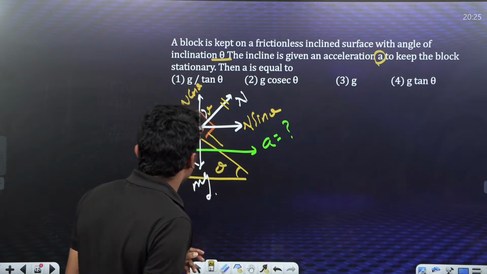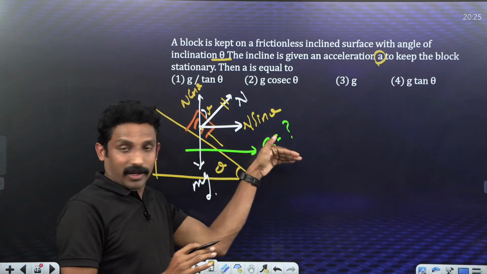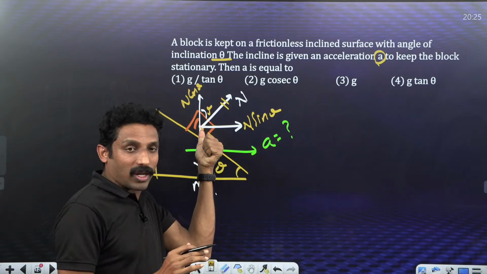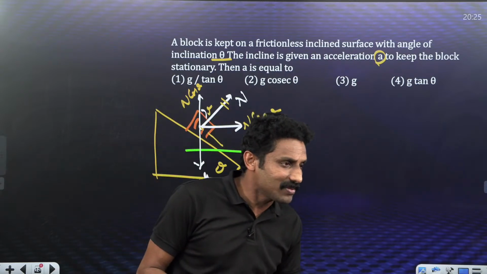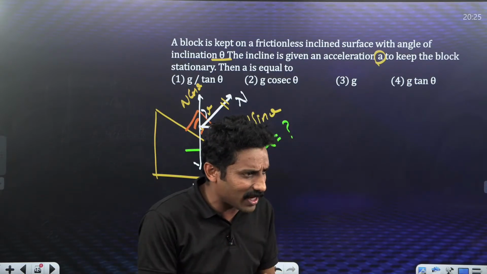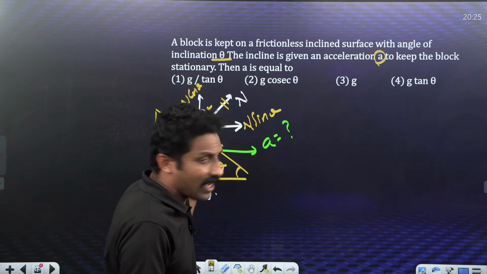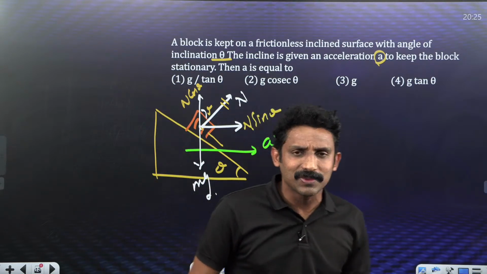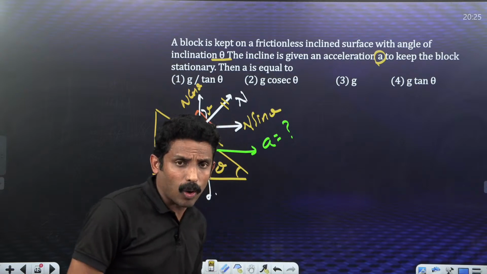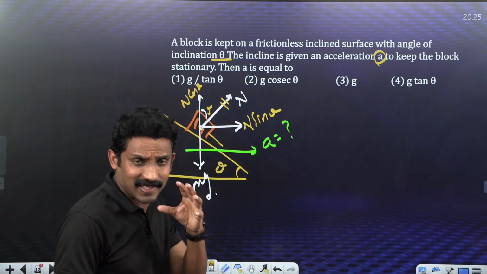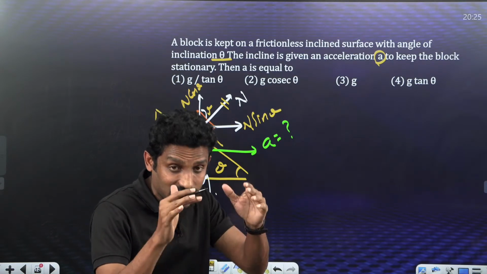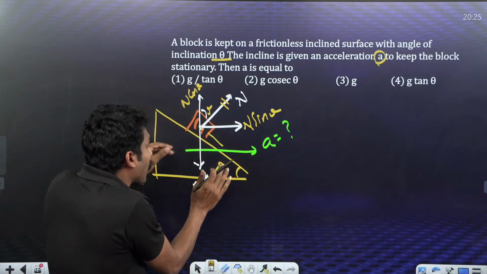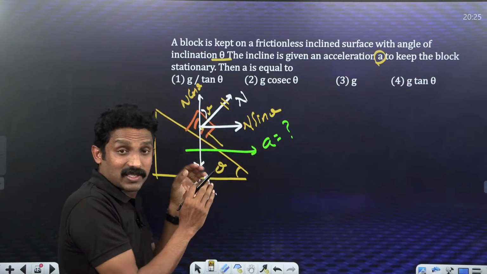Now, this system is in acceleration, which means this block is in an accelerated frame. Then we can assume a force on the block, called a pseudo force, which you studied. What is the pseudo force? The force we assign for a body which is placed in the accelerating frame. This inclined plane is in acceleration, so the body is in an accelerated frame.